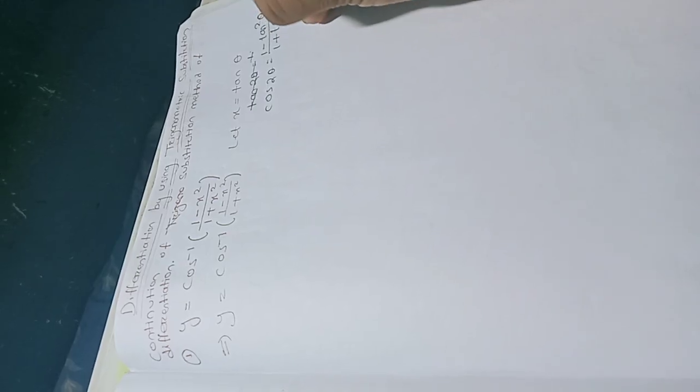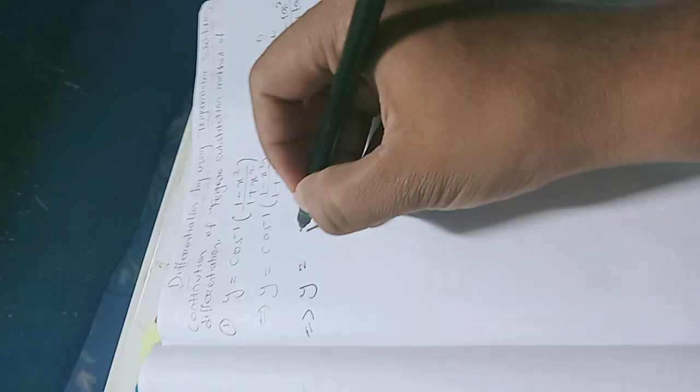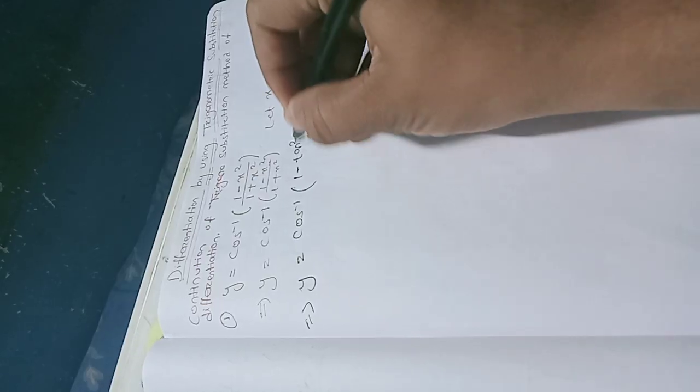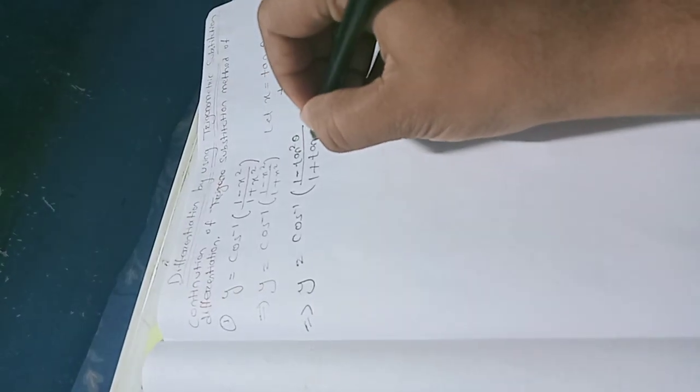Because of only practice, and you know cos 2 theta is equal to (1 minus tan square theta) by (1 plus tan square theta). Just compare and tell, is this same? Yes, it is same. Only in place of tan theta it is x. So implies y is equal to cos inverse of (1 minus tan square theta) by (1 plus tan square theta).